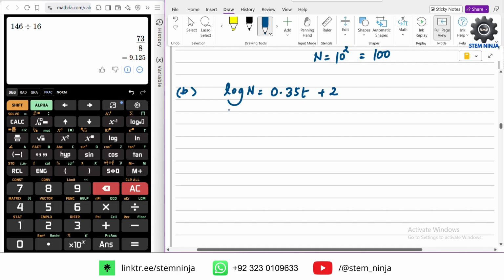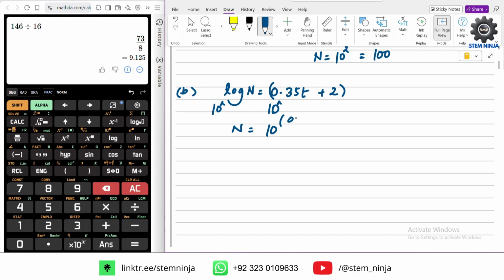So when we reverse this, basically doing the 10 raised to power on both sides, you get n equals 10 raised to power 0.35t times 10 raised to power 2.